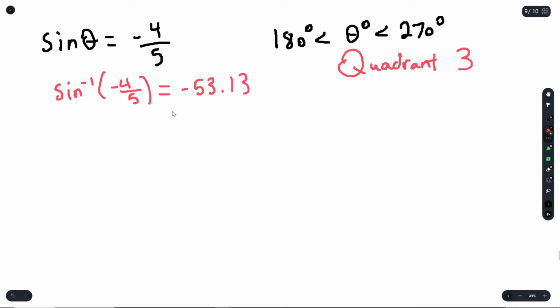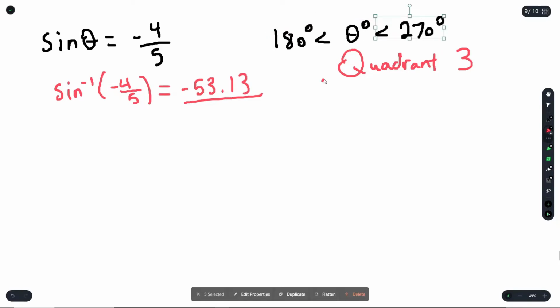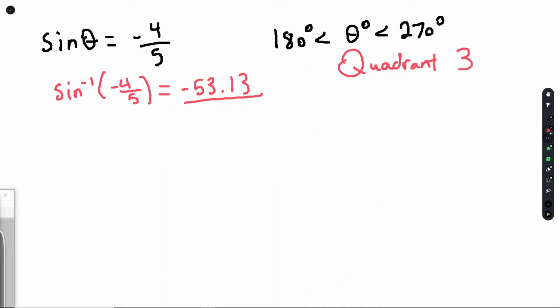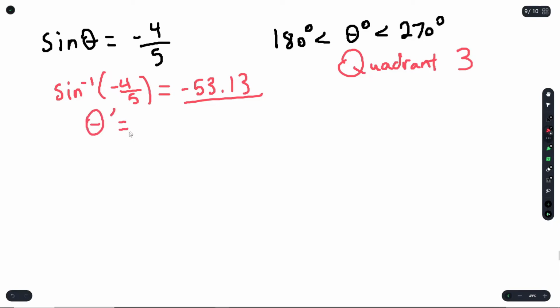-53.13. So this is an angle, but this angle is not in our range here. So we need to find the angle that's in our range. So now we get the reference angle. To get it, you do shift tan -53.13 equal, and you take the positive value. So the reference angle will be 53.13.